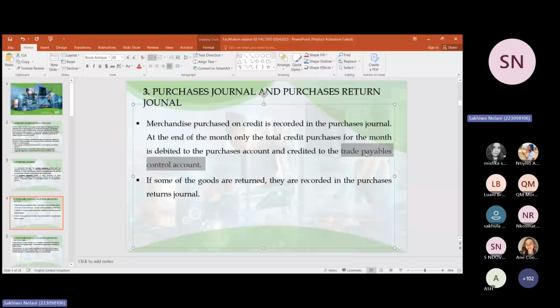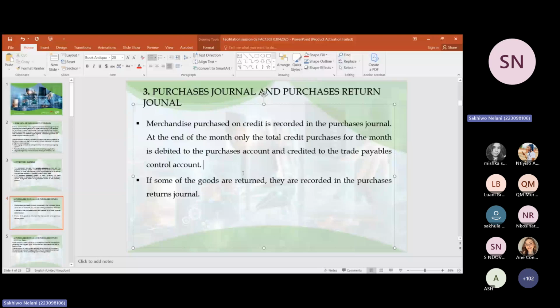When they talk about trade payables, they are referring to creditors, to your suppliers. Trade payables, the name payable, means that it is not yet paid, but is due for payment, hence payable.